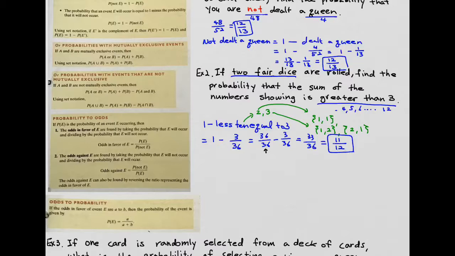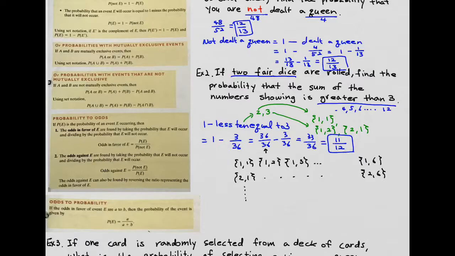If the first is 1 and 1, then the other one is when the first is 1 and the second is 2, and when the first is 1 and the second is 3, and so on all the way to 1 and 6. That's 6 options. Then when the first is 2, all the way to 2 and 6, that's another 6.